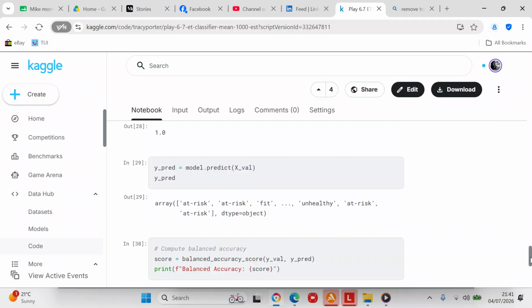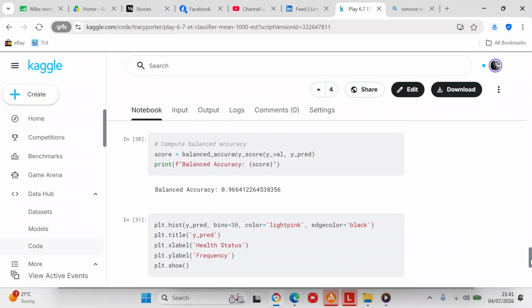I created the variable y_pred, which is a prediction of the validation set, so we've got widespread being at risk, fit, or unhealthy. Now we've computed balanced accuracy because that's the type of accuracy that Kaggle wanted to see, and we printed the balanced accuracy as 96.64% when we made predictions on the validation set.